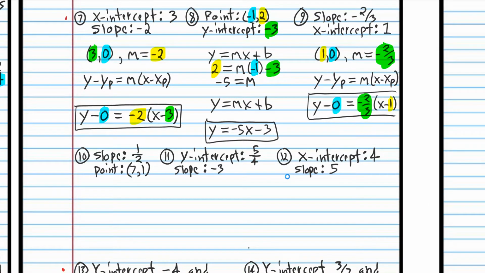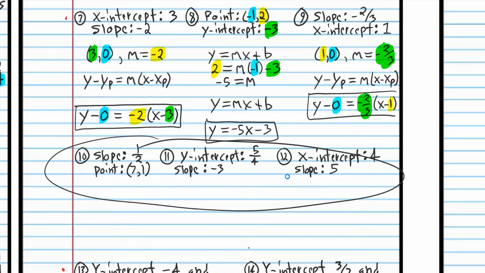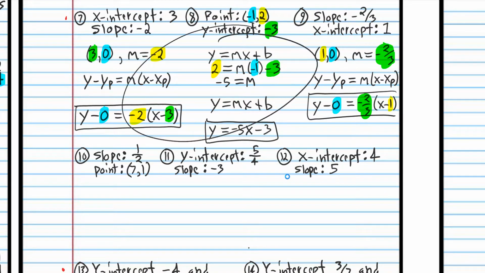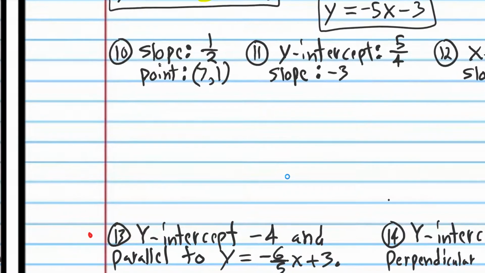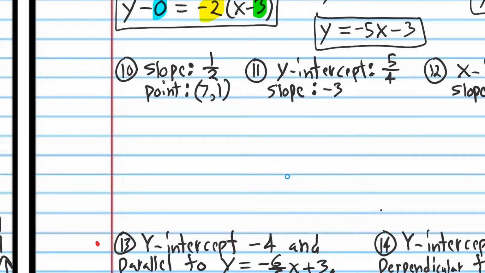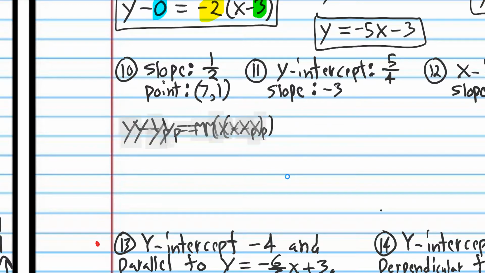All right, we're back. Again, these problems are not going to be exactly the same as these problems because we're doing different variations of these problems. We have the slope of the line and we have a point on the line, so we're just going to use point-slope form. It's so easy if you understand what those equations are referring to and what the names tell you about the equations.